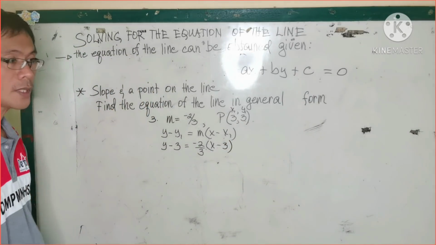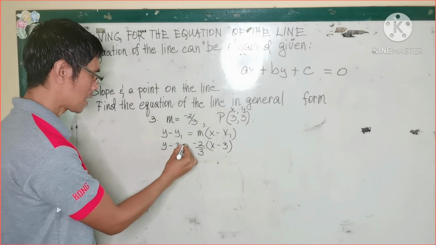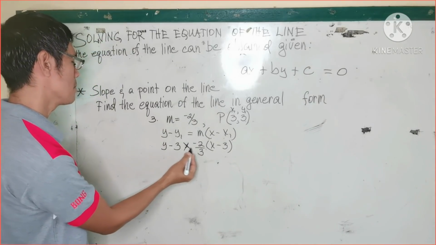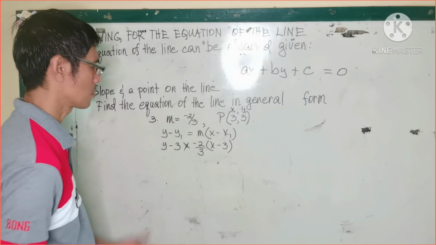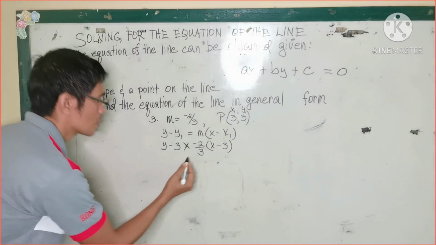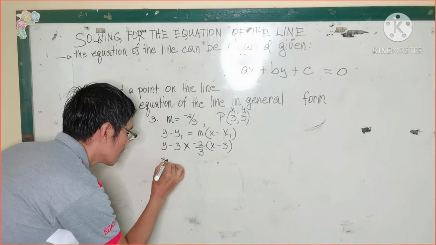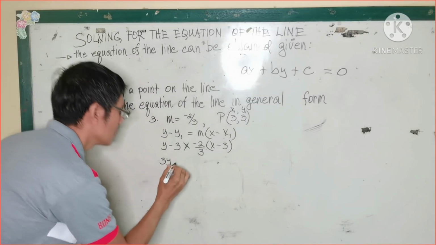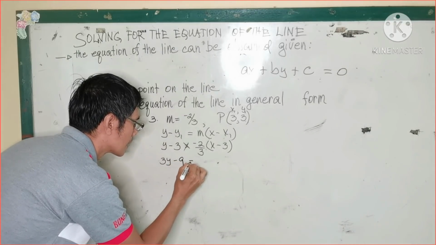Para mas madali tayo, mag-cross multiply na lang tayo. So these 3 will be multiplied to all the terms here. Para minsanan yung transposition natin mamaya. So we have 3 times y, we get 3y. Then 3 times negative 3, we get negative 9.